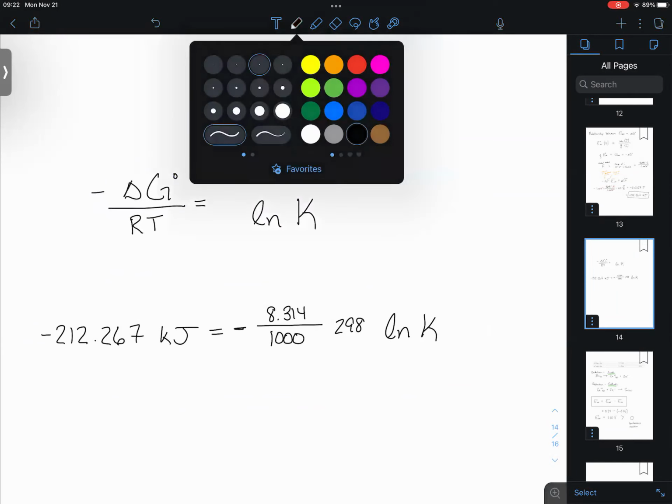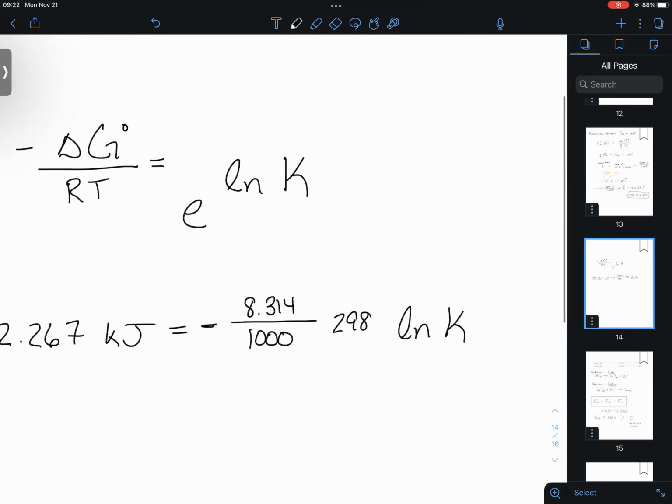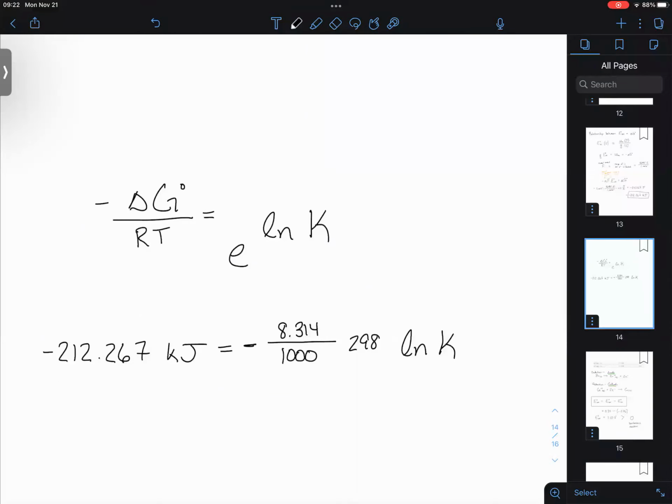And this is something that I noticed students getting tripped up on before. In order to do the inverse of the natural log of K, you don't multiply by E. You have to raise E to the power of that side, right? So it's like I'm raising E to the power of the natural log of K, which means I need to do the same thing over here.